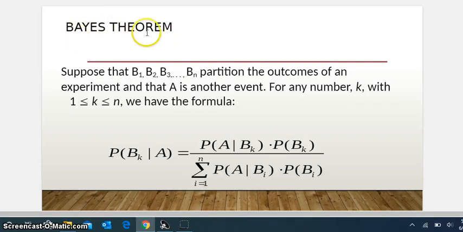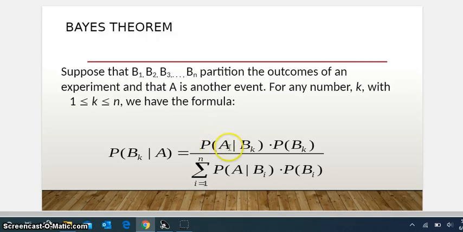Bayes theorem tells you that if you know one conditional probability, for example if you take two events A and B, and you want to calculate P of A given B, given that P of B given A is already known to you.